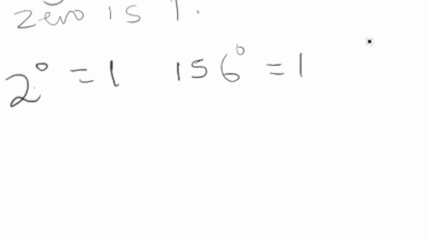So any number raised to the power 0 is equal to 1. And then 7 exponent 0 is equal to 1. So that is the zero exponent. You will know the proof of it when we're doing the negative exponent.